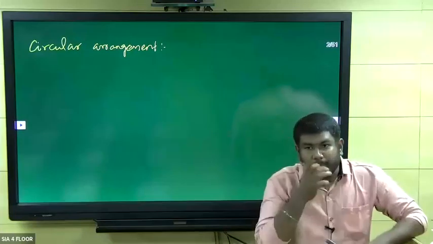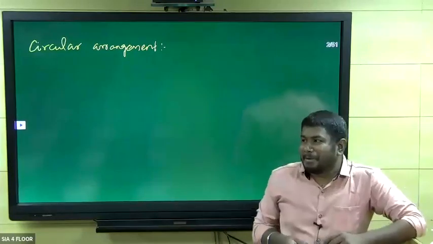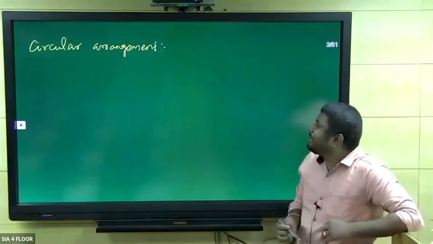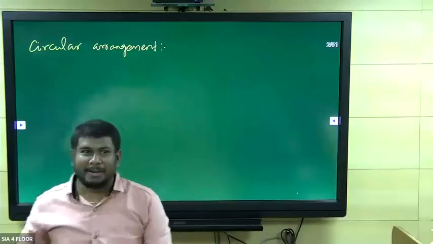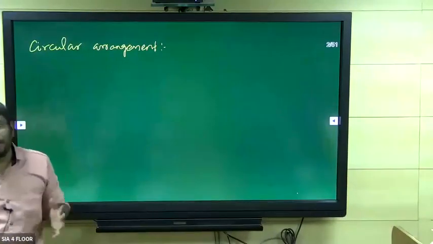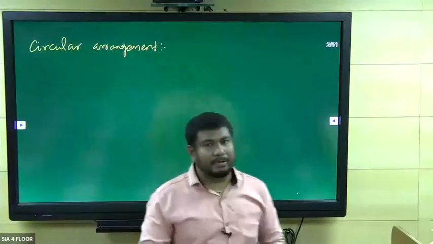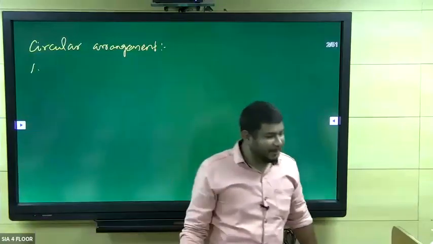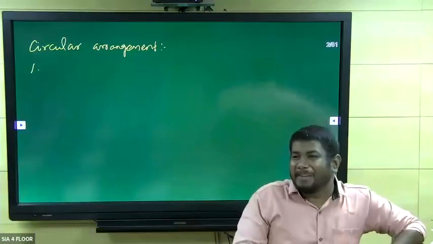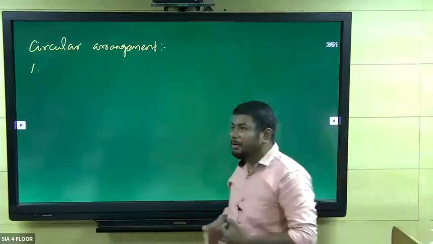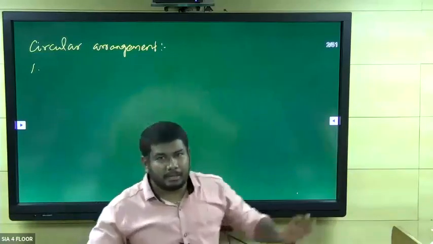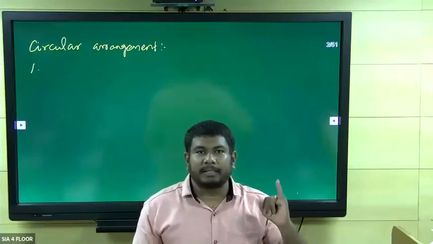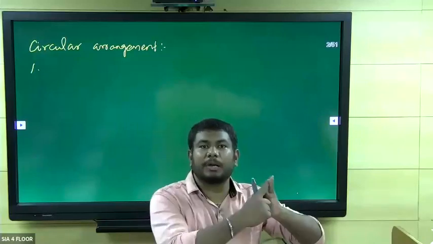Circular arrangement. Six things are to be remembered or followed in circle arrangement, which is very important while solving it. First, while solving the circle arrangement, we need to identify, because they don't mention in the question whether the arrangement is circular or linear.